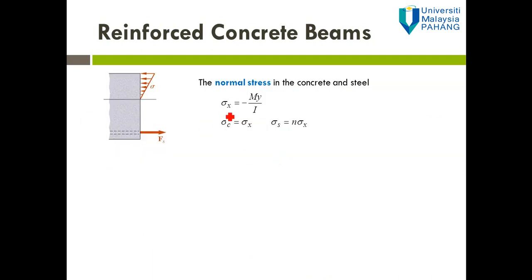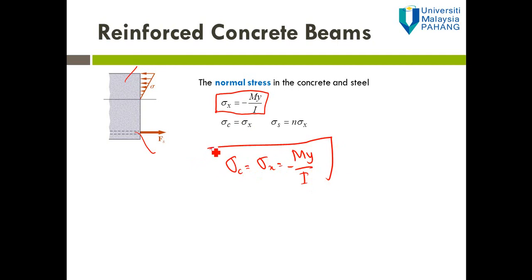So finally we can apply the flexural formula, sigma equal to My over I, to determine the stress in the beam, in the concrete and also in the steel. For stress in concrete, sigma x is equal to My over I, so we can straight away apply the flexural formula.